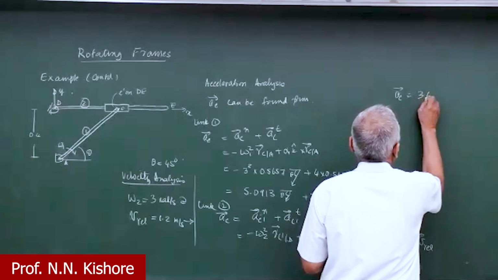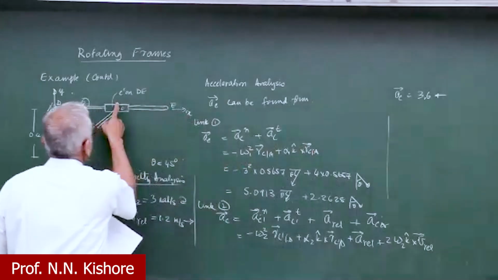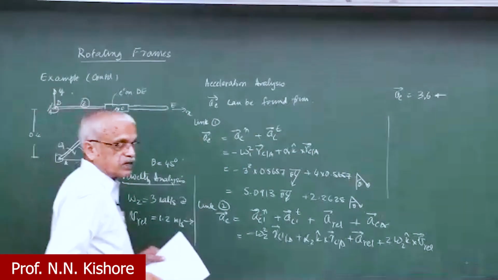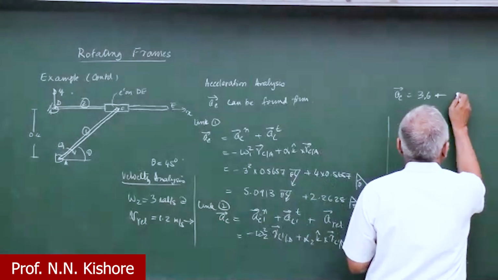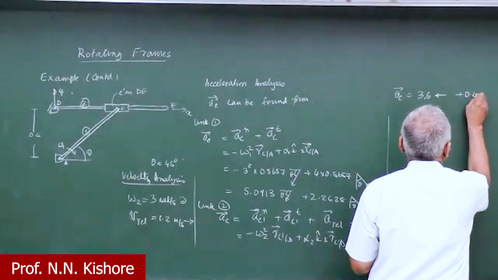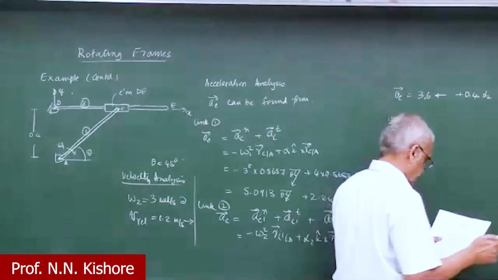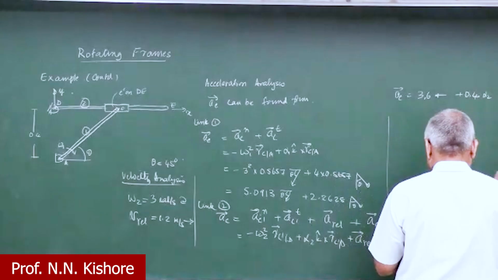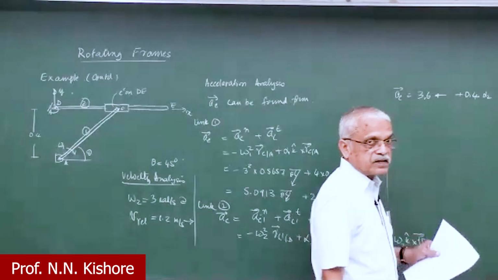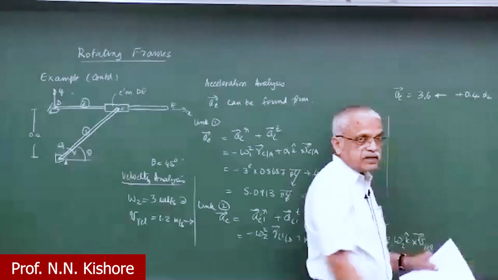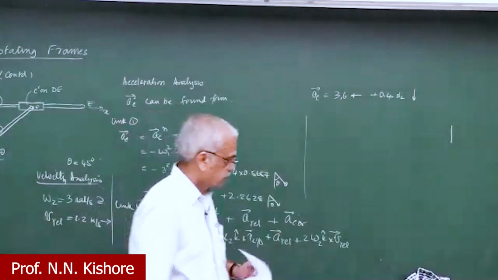The angular acceleration alpha 2 is not known, but we know that it should be multiplied by the value here. So these are the first 2 components. And the relative acceleration component, the magnitude is not known, but we know that it's horizontal. We are assuming it to be towards the right, but it may change later depending upon the direction.